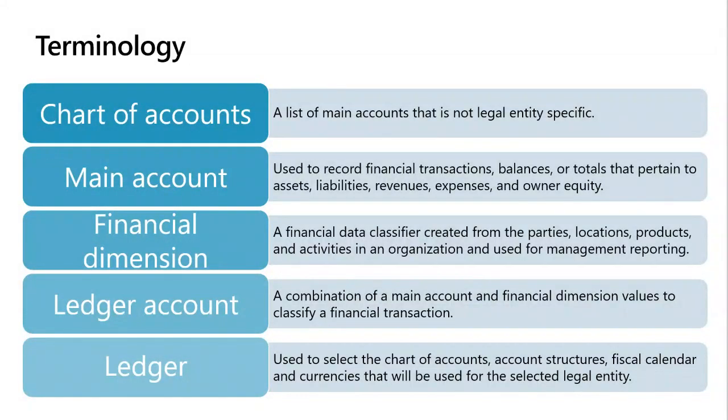So starting with the chart of accounts, by definition, this is a list of main accounts that is not legal entity specific. I like to think of it as a wrapper or a container for the list of main accounts. And then each legal entity can be linked to a single chart of accounts in the ledger form.